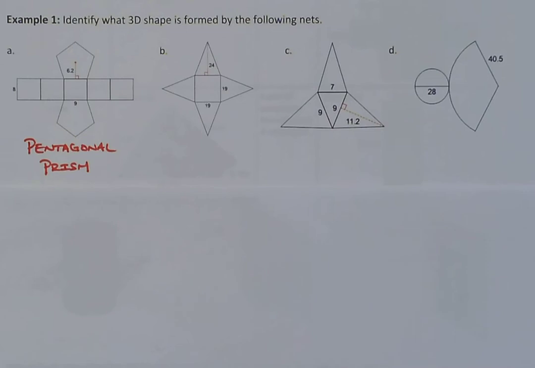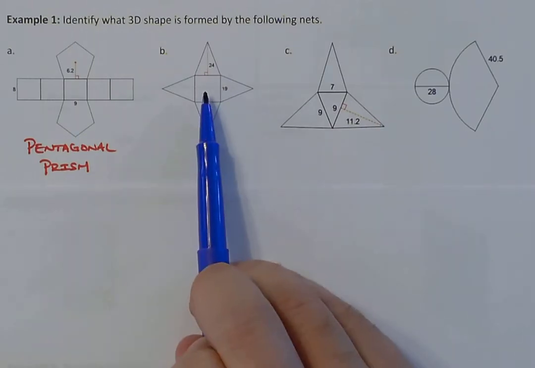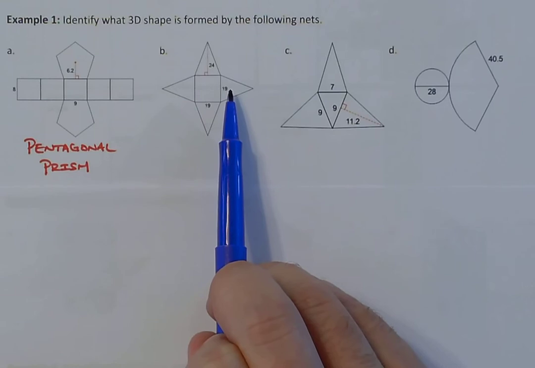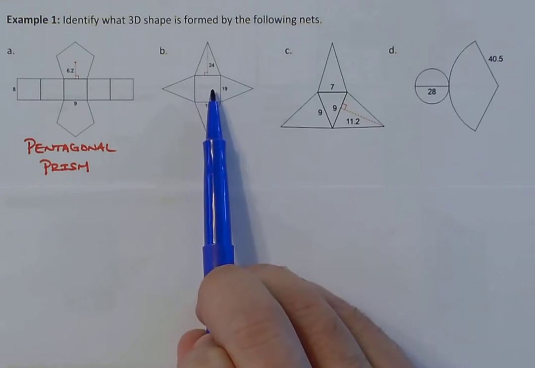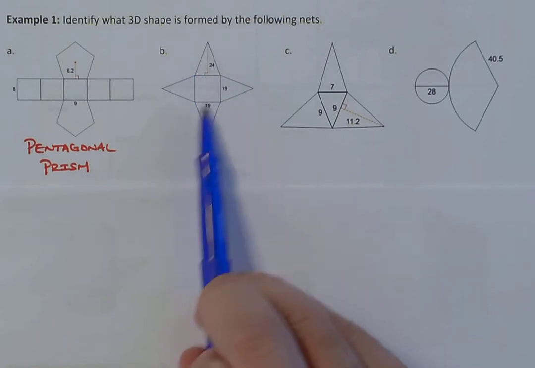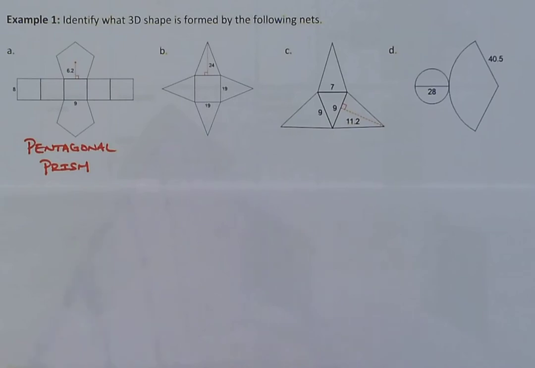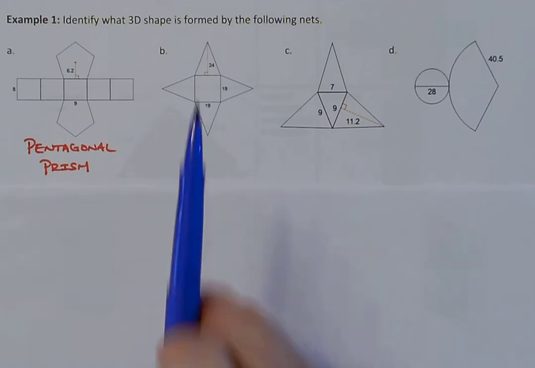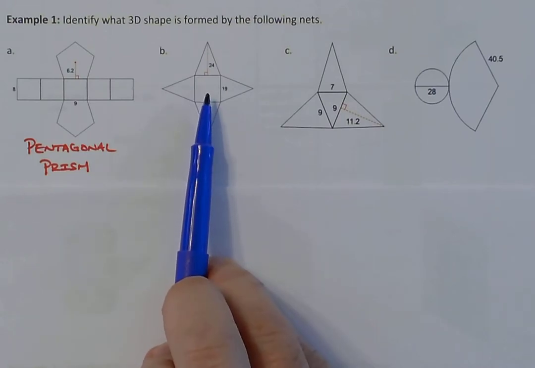Now, the second net, for B, I see could be a square or a rectangle, it doesn't really matter. I see a rectangle in the middle, and then it's surrounded by triangles. Because I only have one square and I see a bunch of triangles, that's going to indicate a pyramid because of the triangular sides. And then my base is our rectangle.